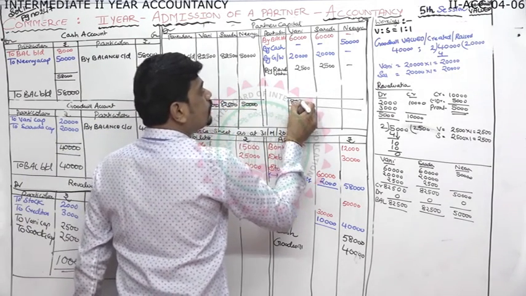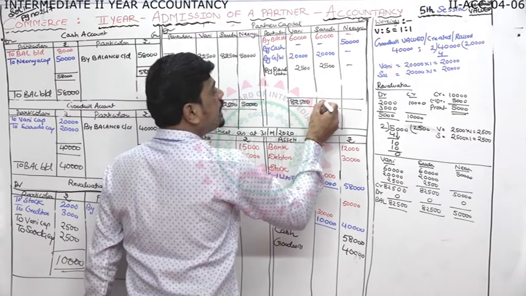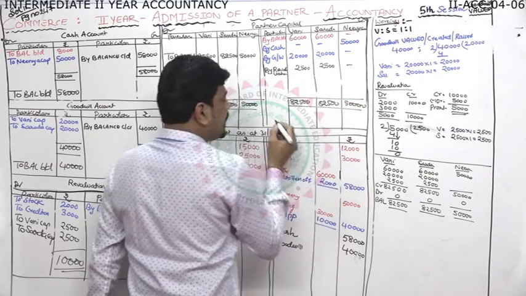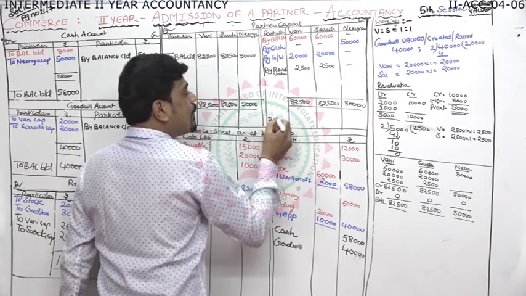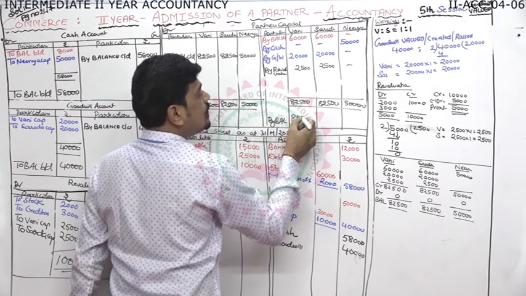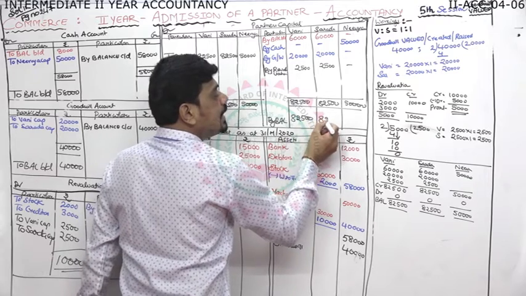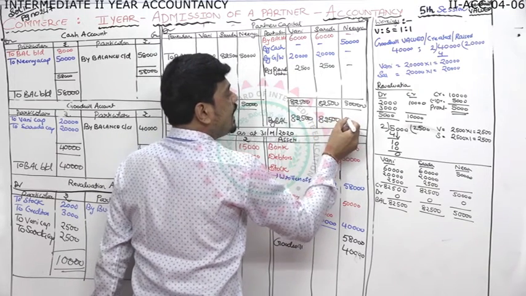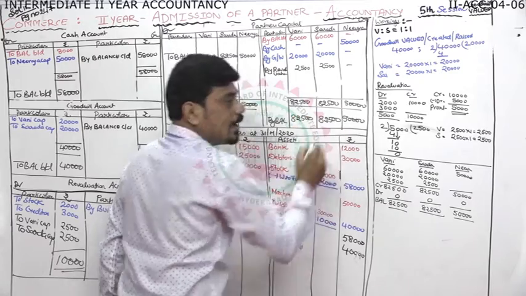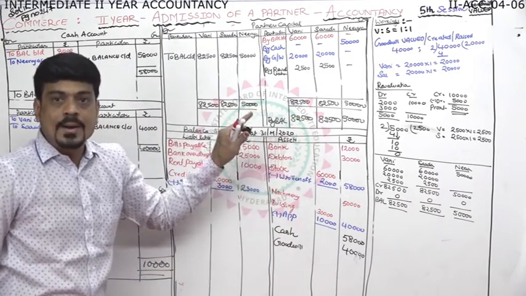Here also 82,500 and 50,000. Better, we'll bring down the balance. 82,500, 82,500 and 50,000. This is the new capital of the partners.